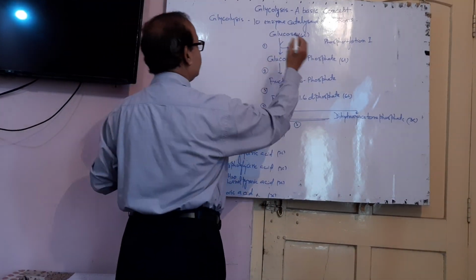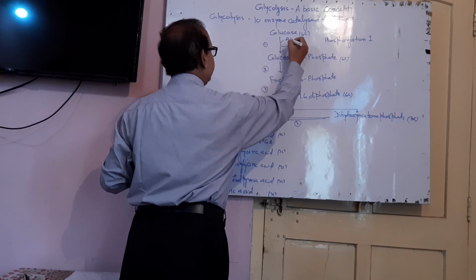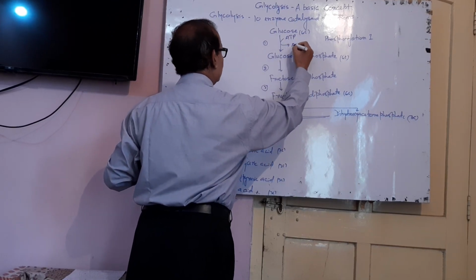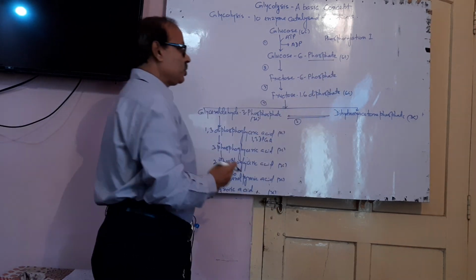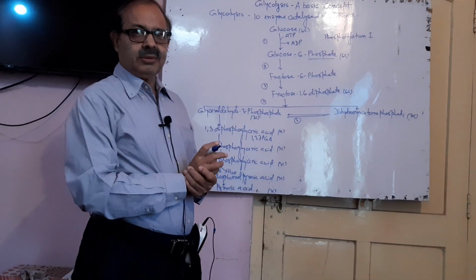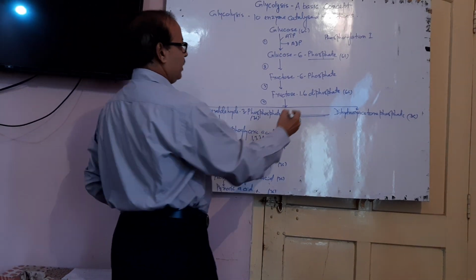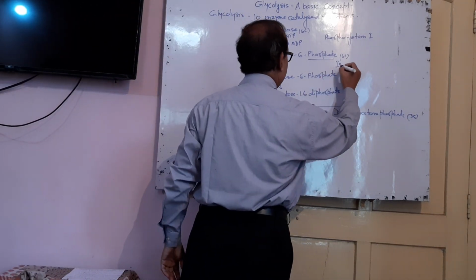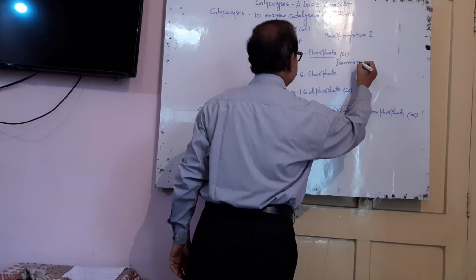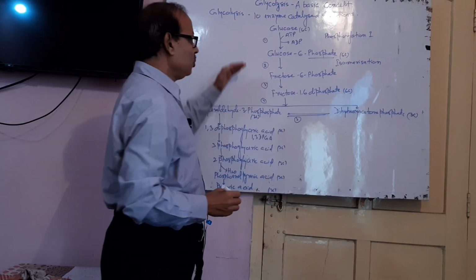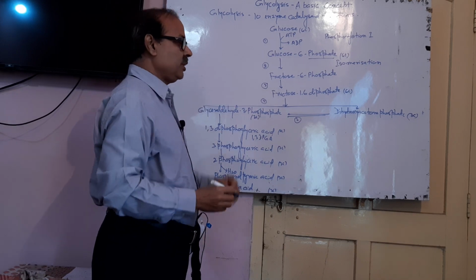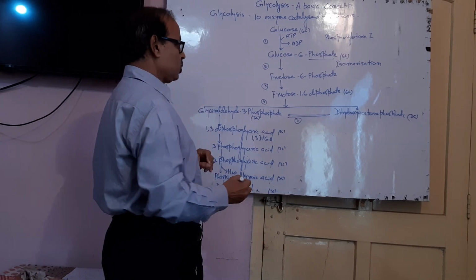In this process, ATP breaks into ADP and releases one phosphate group. The second step is isomerization, in which glucose 6-phosphate changes into fructose 6-phosphate.